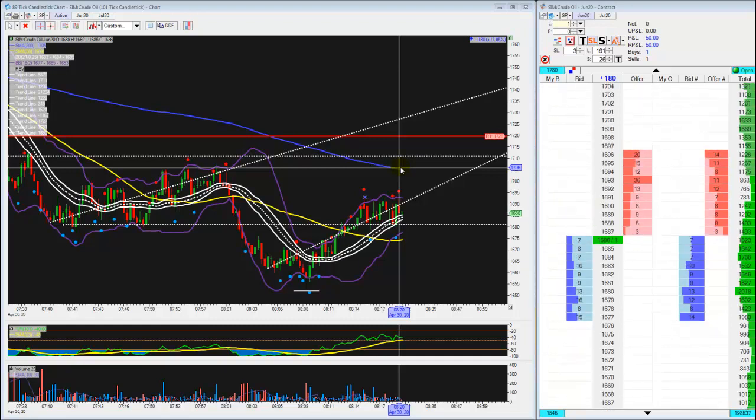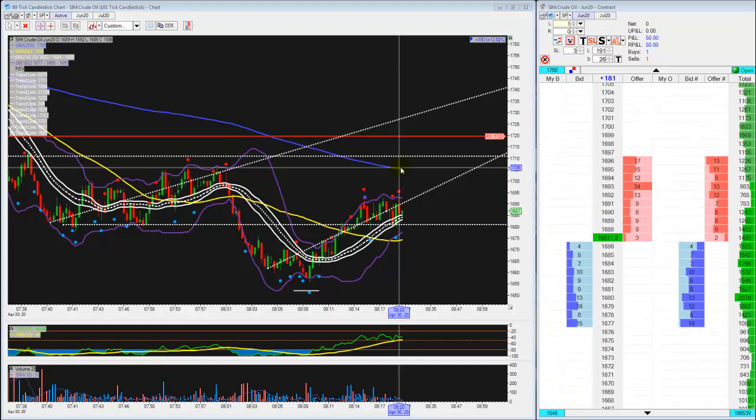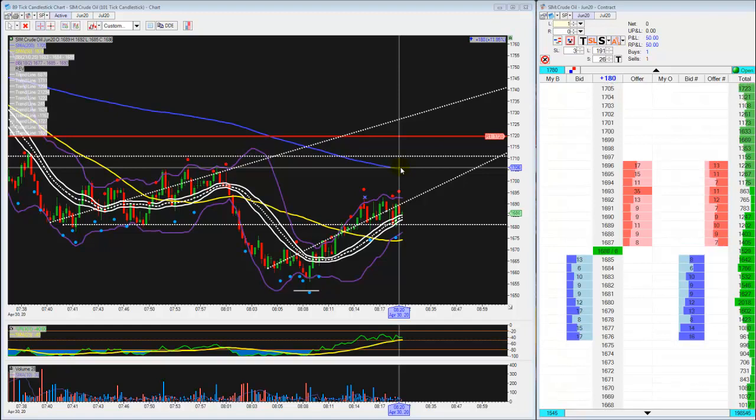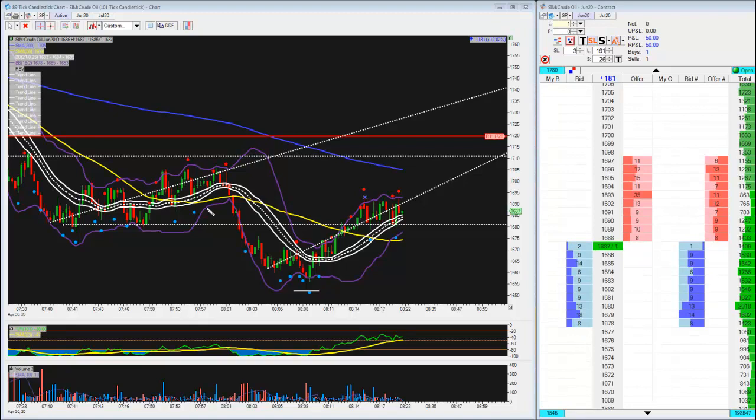Because think of this another way. If it would have been a true down move, there would have been a lot more selling here. It wouldn't have stopped there. It almost made a 2p move from the high at 1780.